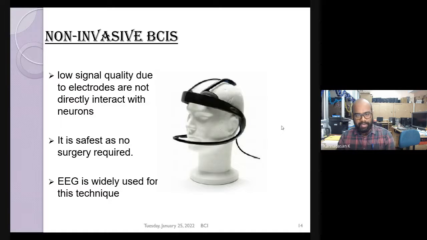Amongst EEG, we had 3 types: invasive, non-invasive, and partially invasive. Among these 3, we are selecting non-invasive because it is safest for any research. We don't need any other intervention, and so we have low signal quality. It is fine. We'll try to apply our signal processing and machine learning techniques to it, and we'll try to get the thing done.